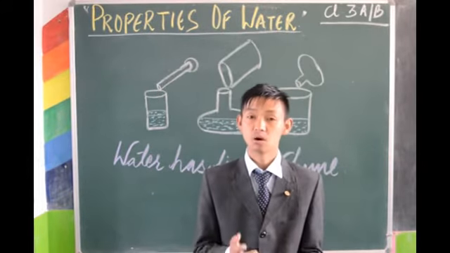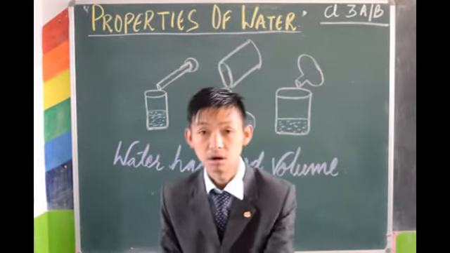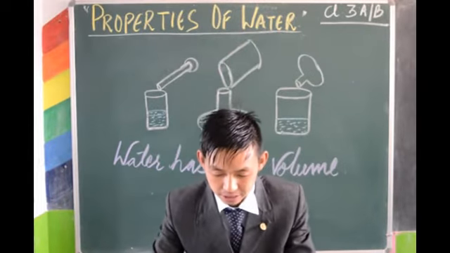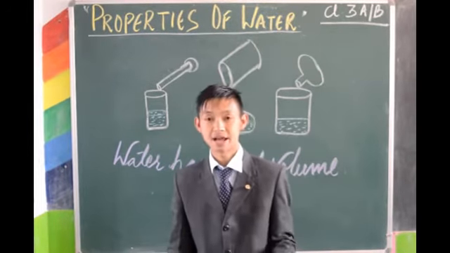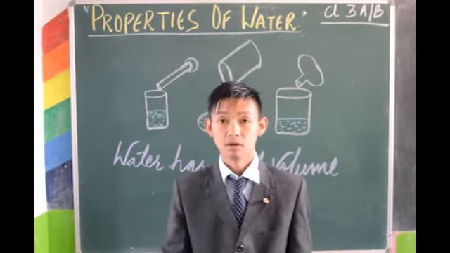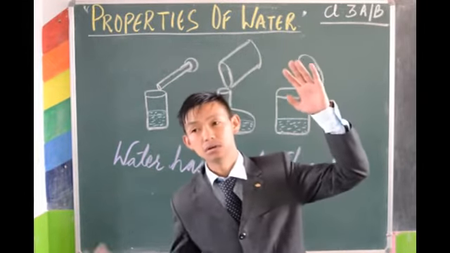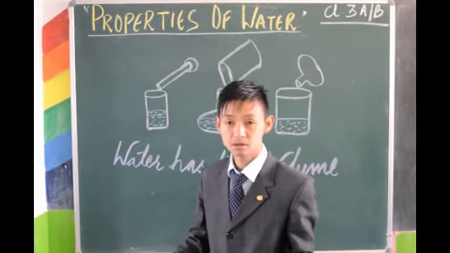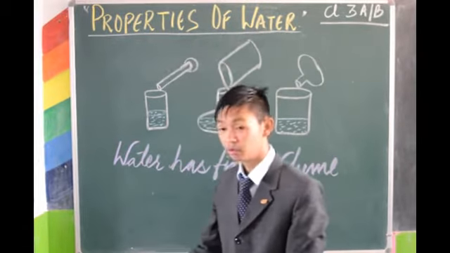Now another one: water flows easily. Water always flows. We have already seen in previous videos that liquid flows. Water has the ability to flow easily. It can flow only from a higher level to a lower level. I have never seen, and you people have also maybe not seen, water flowing up.